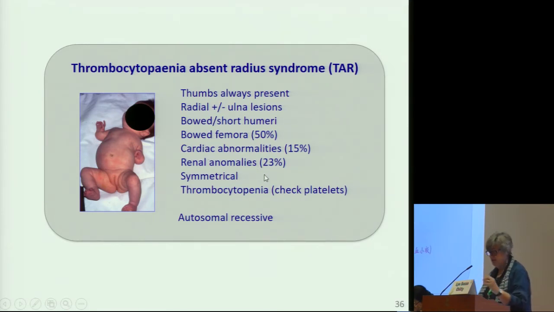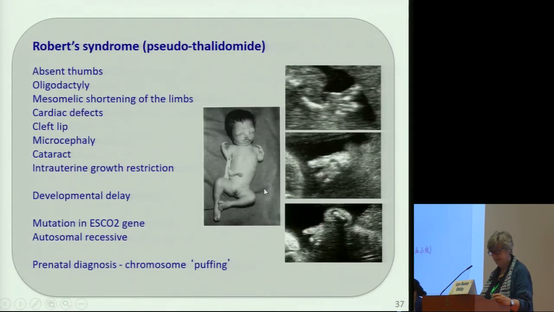They're usually symmetrical, and these babies can have profound thrombocytopenia, so it's worth knowing for management of delivery. This is an autosomal recessive condition where the outlook is very good unless you get intracranial bleeding secondary to the thrombocytopenia; otherwise the outlook is dependent on the limb anomalies.